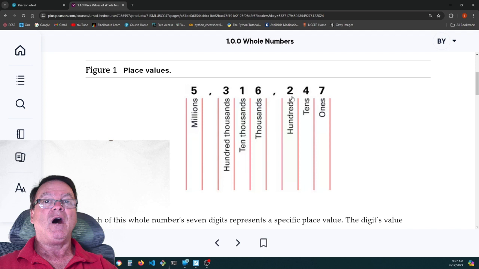There are 2 hundreds, so it makes it 200. There are 6 thousands. There's 1 10,000. There are 3 hundred thousands, and there's 5 millions. So when we read the number, we read from left to right, using comma separators every 3 digits. It's 5,316,247.